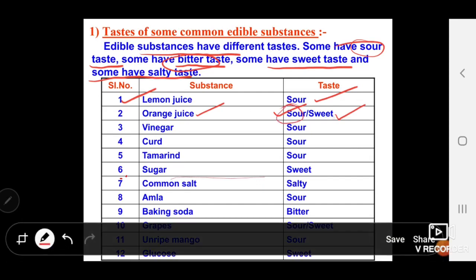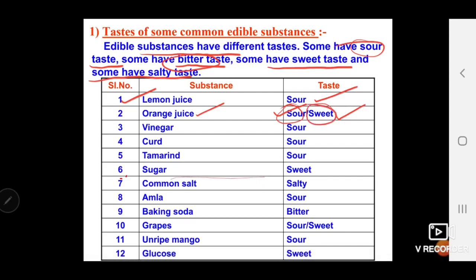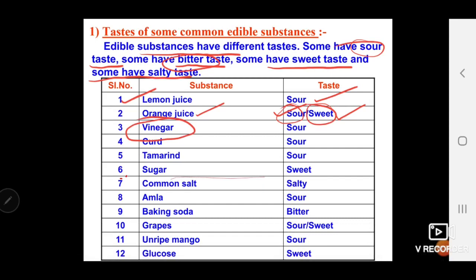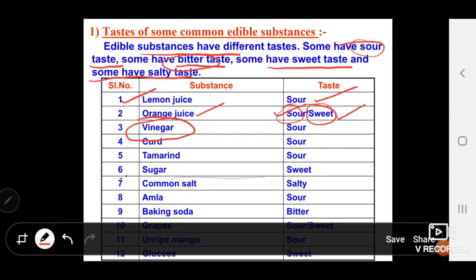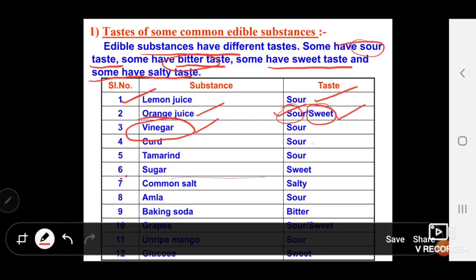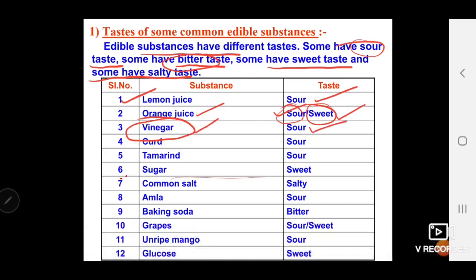If it is a ripe orange, it is sweet in taste. And vinegar, it is used for the preservation of food. That means just to avoid the spoilage of food, we can use vinegar for storing food. Vinegar is also sour in taste.